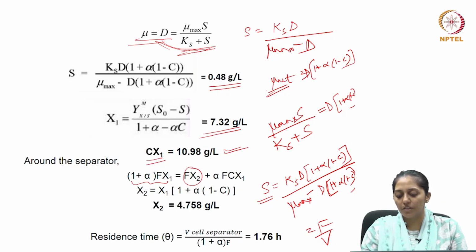Fx2 is the rate at which the biomass is leaving the separator for harvest, and alpha F into Cx1 is the rate at which the biomass is coming back inside the reactor as a recycle stream. So, with this equality in place, we have determined x1, we know F, we know C, we know alpha. We can now determine the value of x2, which is the biomass concentration leaving the cell separating device.